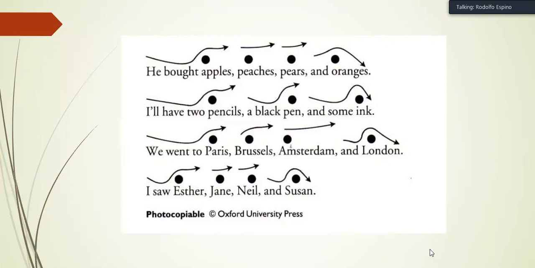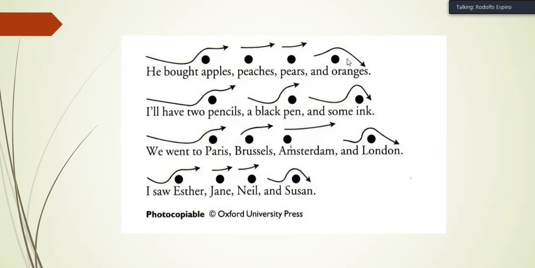This is just an example of English rhythm. As you can see, this is the intonation as it goes high, because I am listing or enumerating things. So say, he bought apples, peaches, pears, and oranges, right?